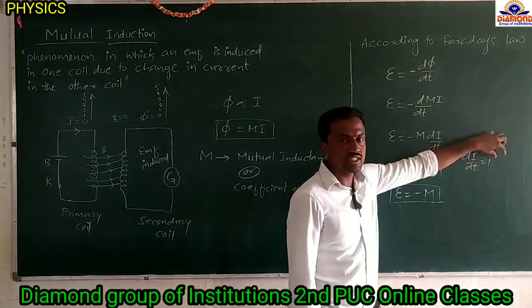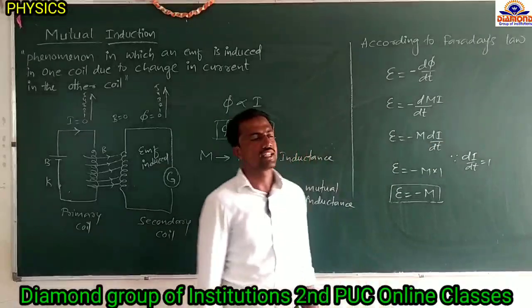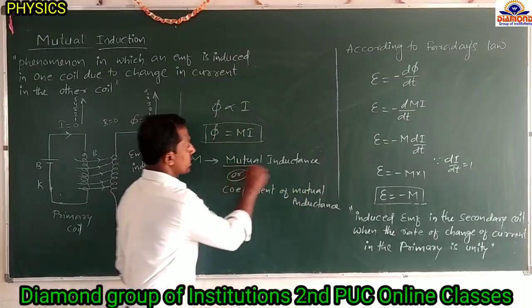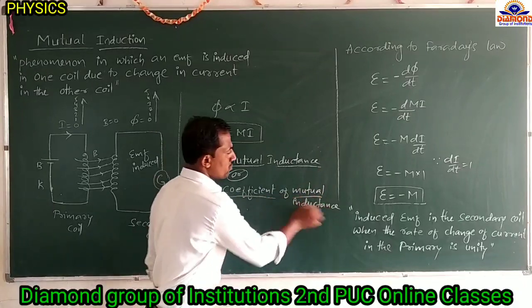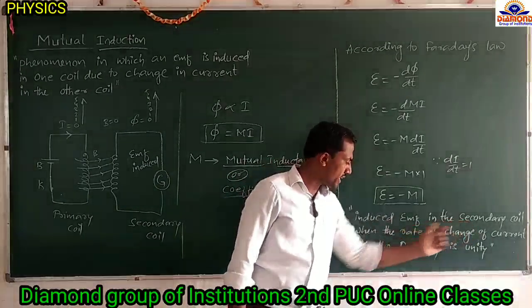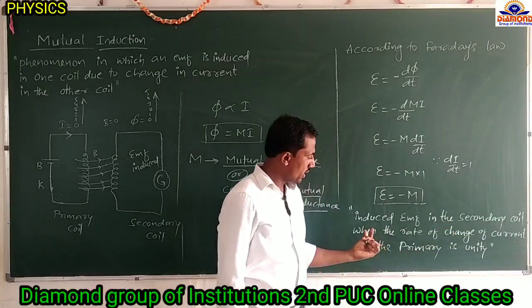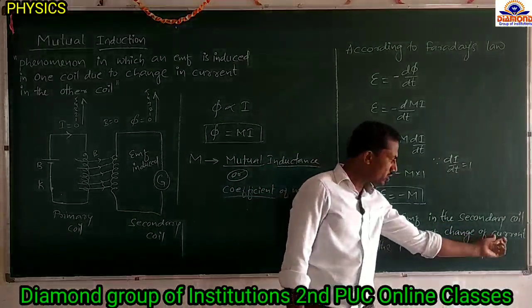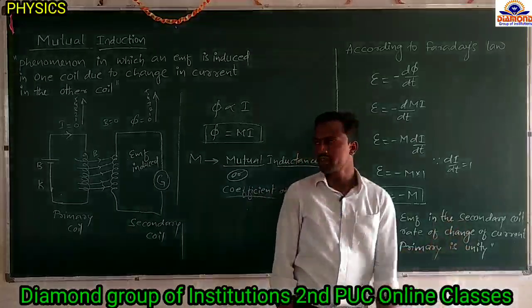That is called mutual inductance or coefficient of mutual inductance. Definition: the induced EMF in the secondary coil when the rate of change of current in the primary is unity.